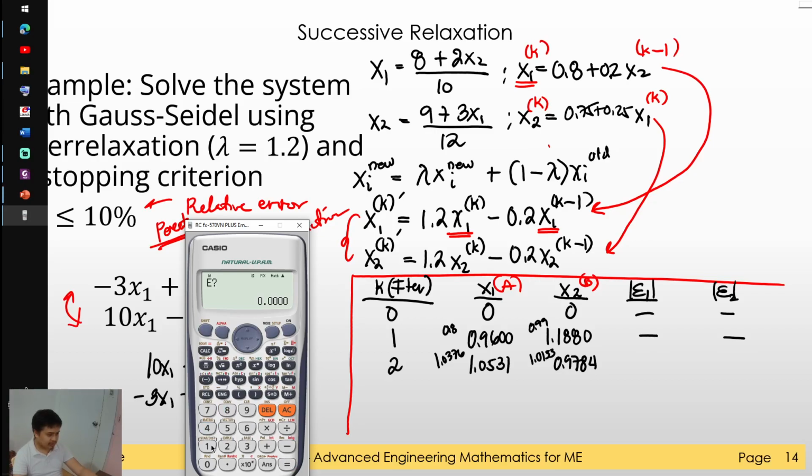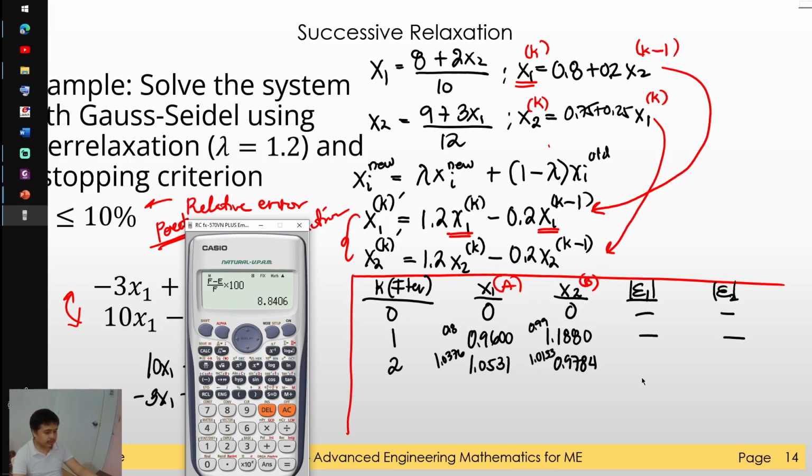We start with X1 first. Oh, it disappeared. Sorry. Okay, so F here, so for X1, we have 1.0531 and 0.96.